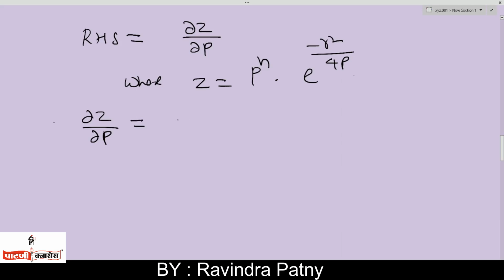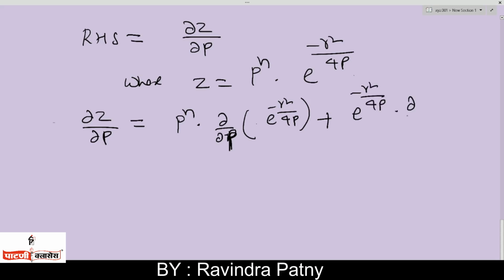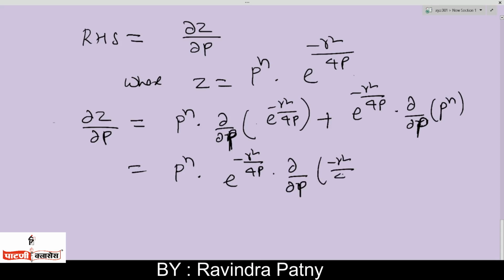Now here to apply the product rule: p raised to n into partial derivative of e raised to minus r square upon 4p with respect to p, plus e raised to minus r square upon 4p into partial derivative of p raised to n with respect to p, equals p raised to n into e raised to minus r square upon 4p into partial derivative of minus r square upon 4p with respect to p, plus e raised to minus r square upon 4p.